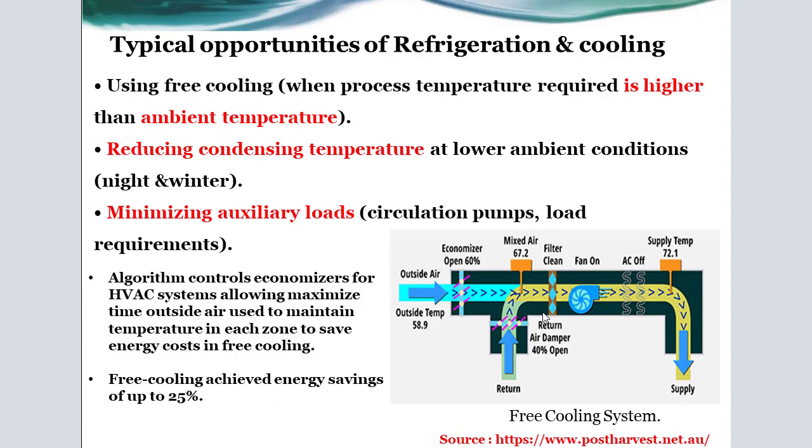As I said, when the process temperature is higher than the ambient temperature, this system is very interesting. Free cooling systems can achieve energy savings of up to 20% as compared with a traditional cooling system.